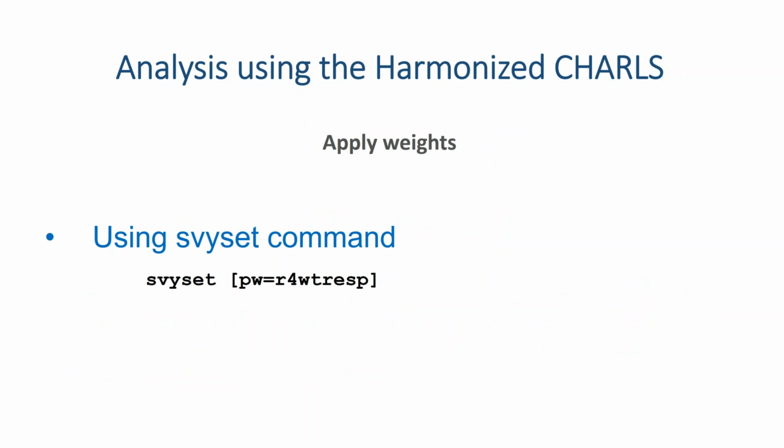Now we're going to apply weights. And one of the helpful things about using Stata is they have a lot of built-in commands for using survey data. One of those commands is called svyset, which tells Stata how this complex survey is set up. This allows us to tell Stata how the data is weighted.